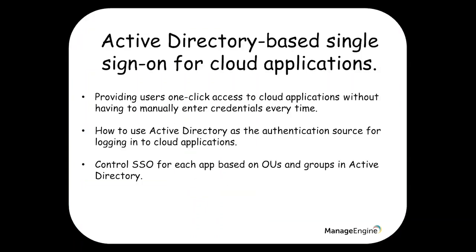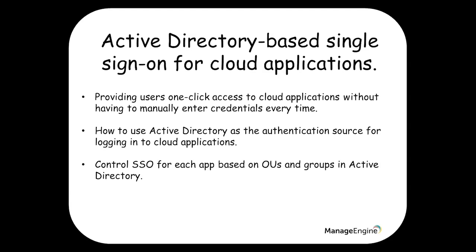So we are talking about Active Directory based single sign-on for cloud applications, and we saw how to provide one-click access to cloud applications, both in the case of Office 365 and G Suite, without having to manually enter the credential every single time. And we were able to successfully log in by making use of the Active Directory as our authentication source to log in and access these applications.